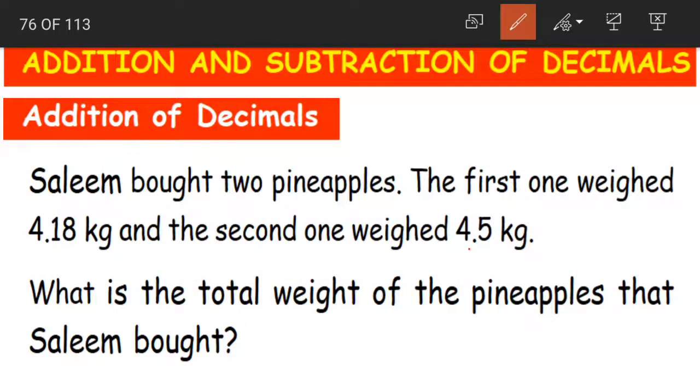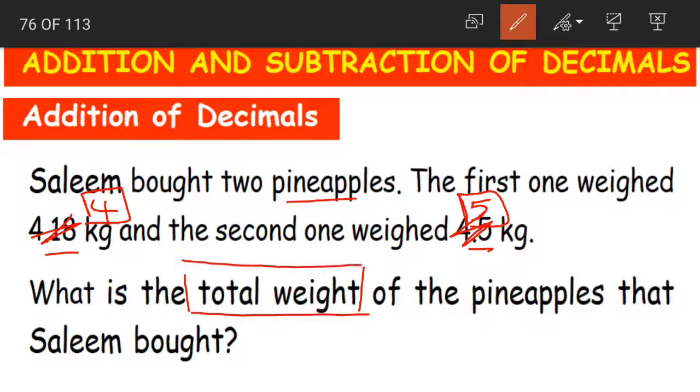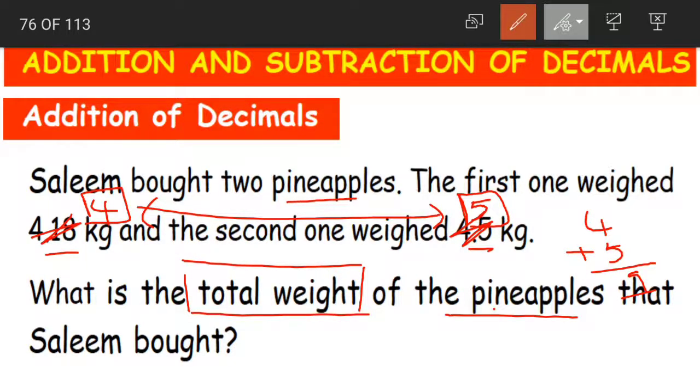If you are getting a little confused or worried looking at the decimal numbers, simply take normal numbers instead. Say for example, the first pineapple's weight is 4 kgs and the second pineapple's weight is 5 kgs. What will be the total weight of the pineapples? 4 plus 5.